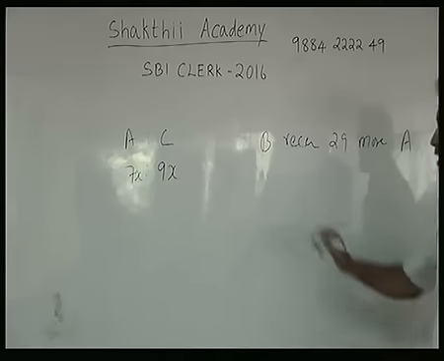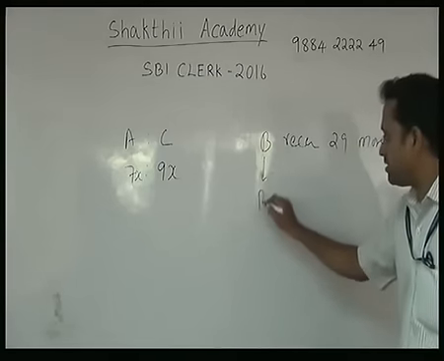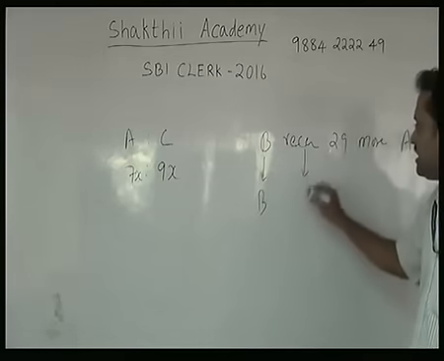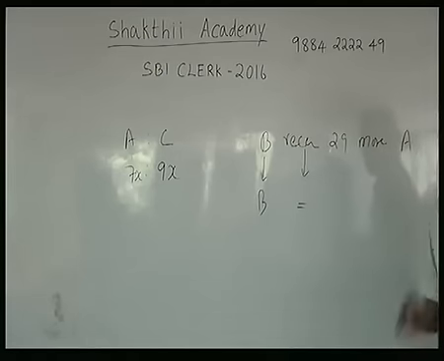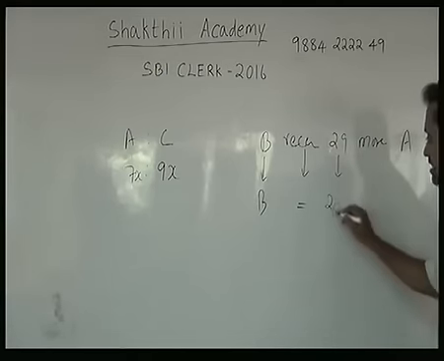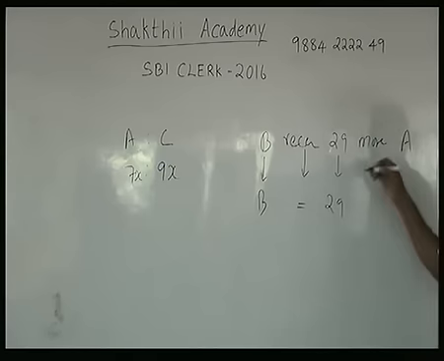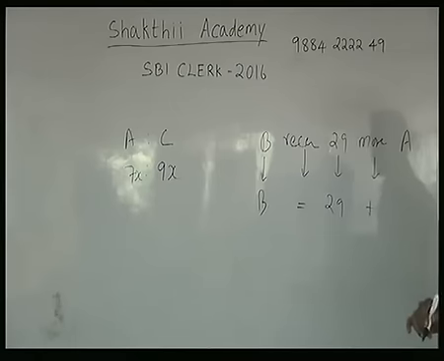Listen. B, I will write B as it is. Received means equal to. 29, I am writing as it is. Wherever the words "more than" come, that is nothing but a plus symbol.